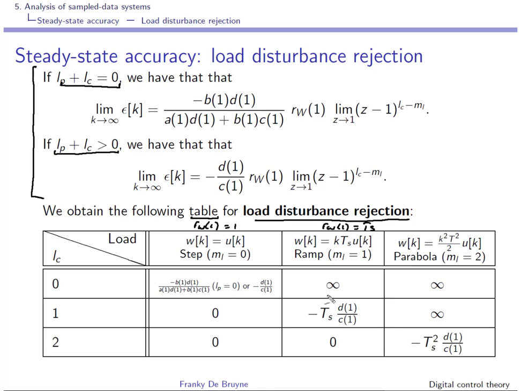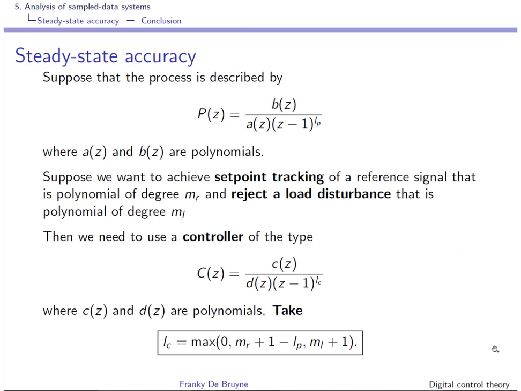If you put 0, then you'll have an infinite steady state error. And if you put only 1, then you will have a steady state error that is given by this expression. This can be obtained by considering the second case with RW1 equal to TS.